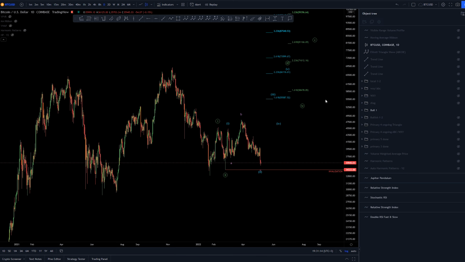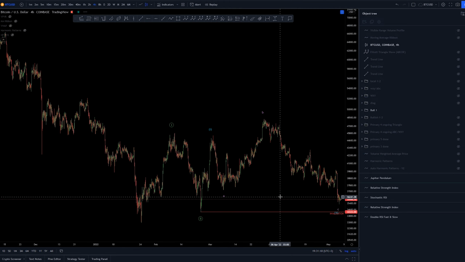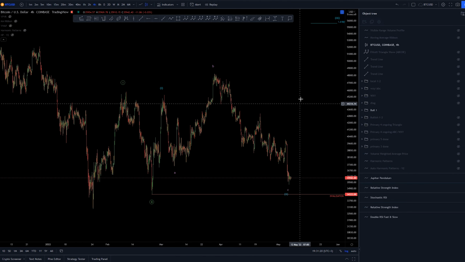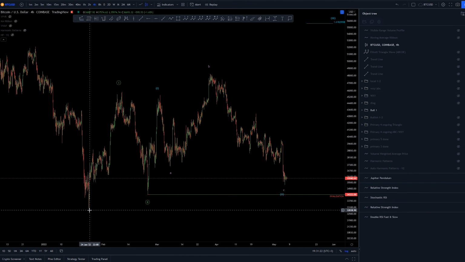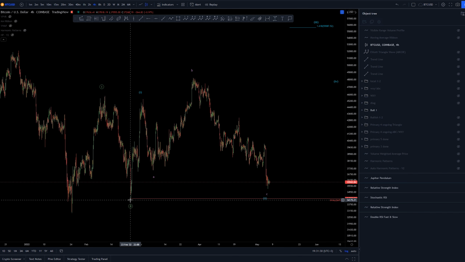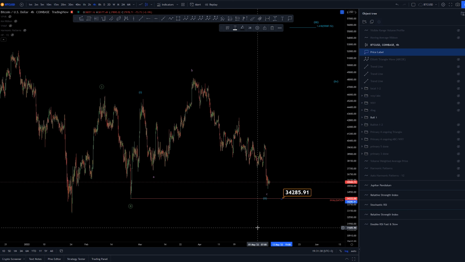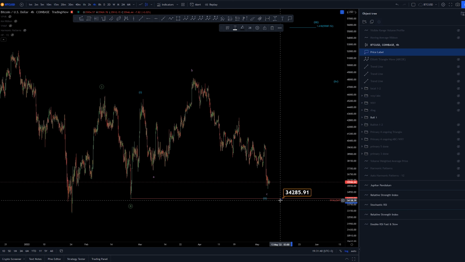Now, supporting that count, let's go into smaller time frame. This is again the bullish scenario where we have the low established already at January 24th 2022. Having a possibility of wave 1 here, wave 2 giving us the invalidation point for this bull count here at $34,285, around that area.